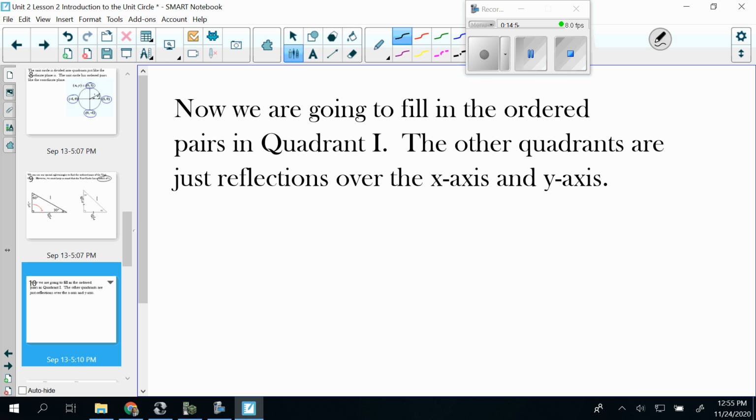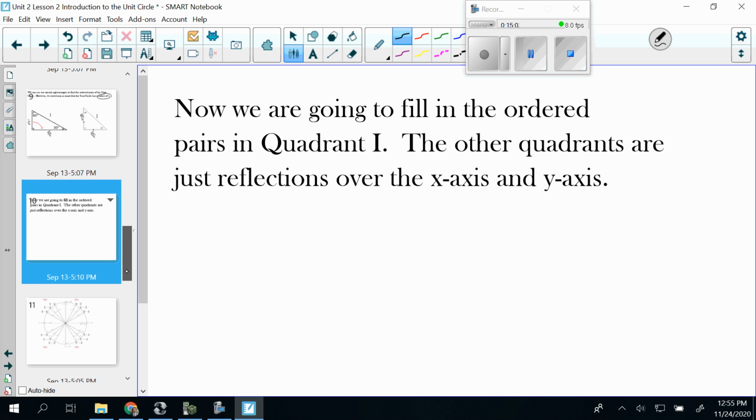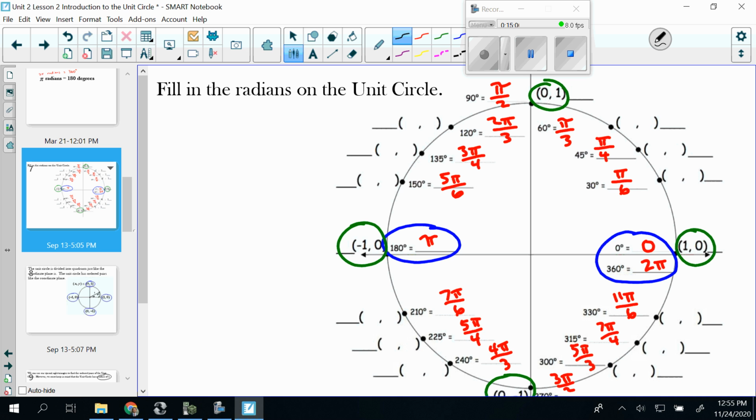So we're going to now go around and fill in the ordered pairs for this. All right, so if we go to our unit circle here, I'm going to back it up and use this one. Let's see if we can fill all these in. So we already got that at 0, we got 1, 0. The 30, 60, 90 then, if we were to draw in that triangle, we already came up with that, sketch this in here, that if this is 1, this length would be 1/2, and this length would be square root 3 over 2.